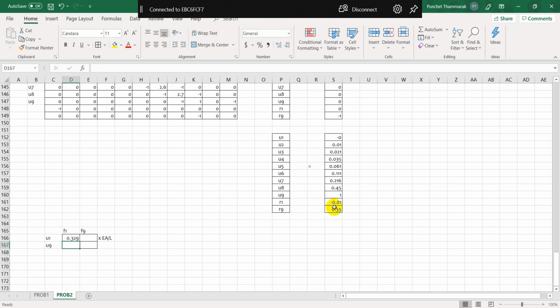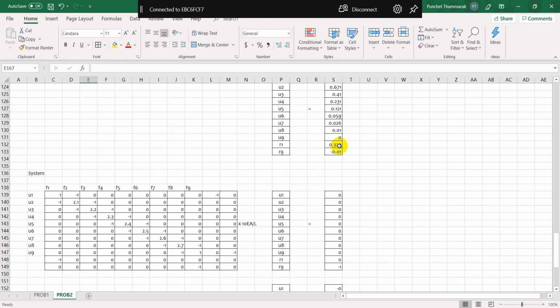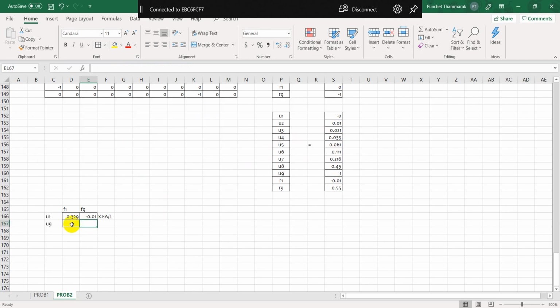And when you apply 1 unit at U9, you have minus 0.01. Right? Likewise, when you apply 1 unit at U1, you have minus 0.01. And 0.55.